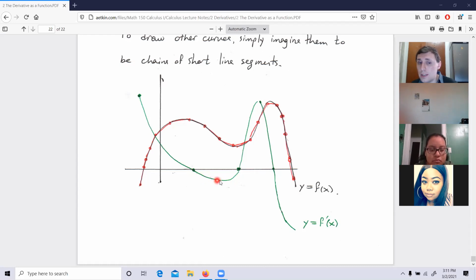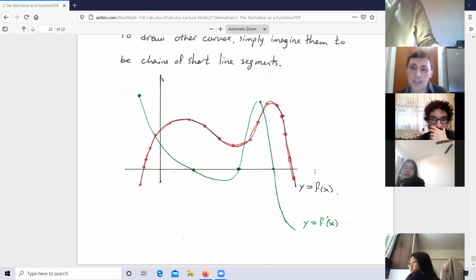So first more negative, then stops becoming more negative, and then goes back to being 0. And then here, the slope is again positive until you reach that point, which is where it's 0 again. And thereafter it's negative. Are you clear, guys, how I roughly generated the green picture?